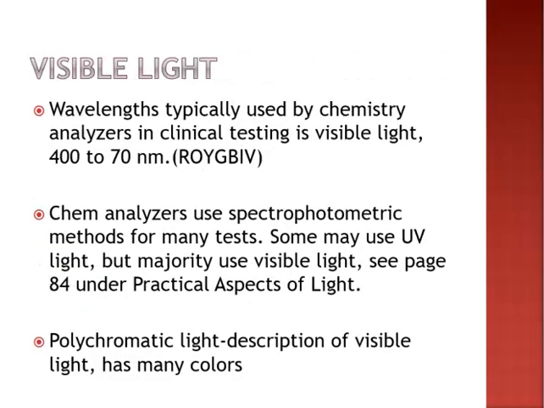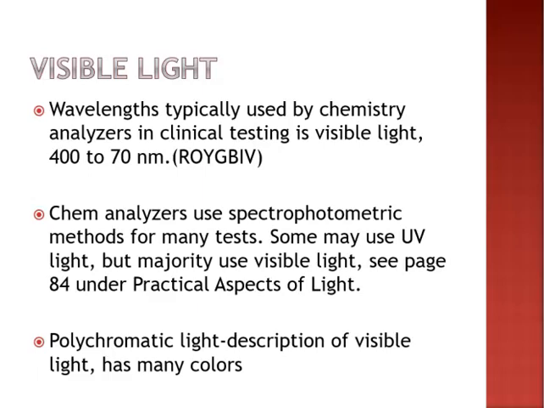So let's focus on visible light for just a minute. Wavelengths typically used by our chemistry analyzers are using visible light in that spectrum of 400 to 700 nanometers in that Roy G. Biv range. Chemical analyzers use spectrophotometric methods for many tests.